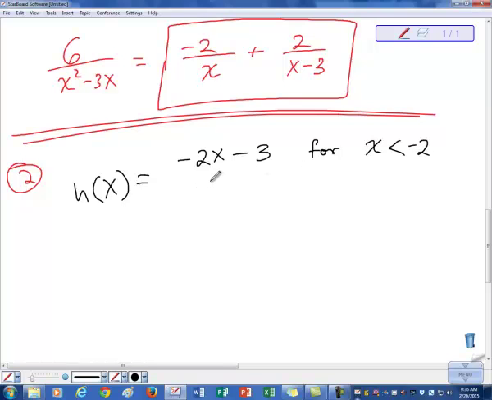And then we have here, let's say, 3 for x is greater than negative 2 but less than positive 3. And the third one, we'll say x plus 5 for x is greater than or equal to 3.